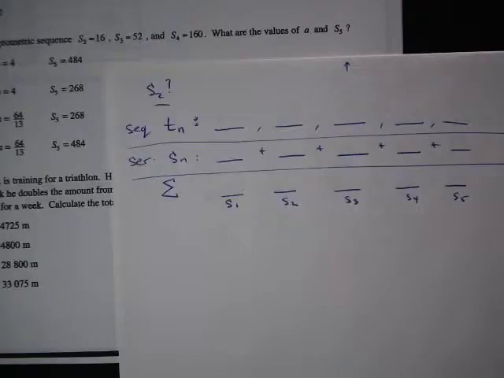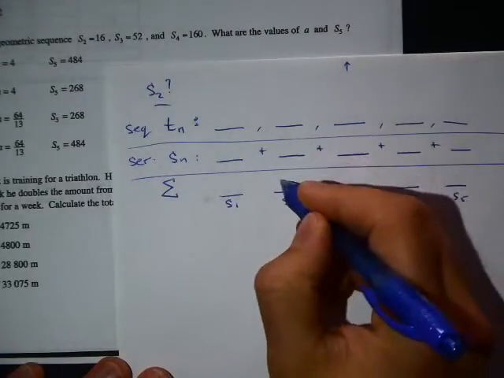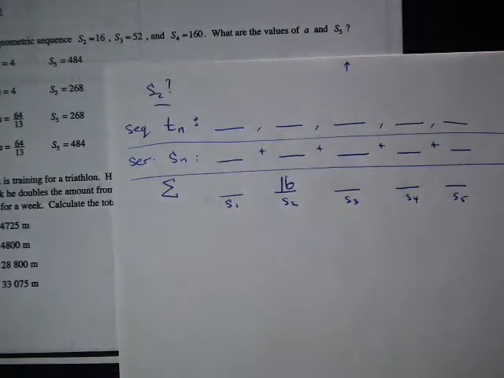What do we know from our data? What do we know from our question? We know S2. What is the value of S2? 16. So let's put in S2 as 16. What does 16 mean in terms of S2?